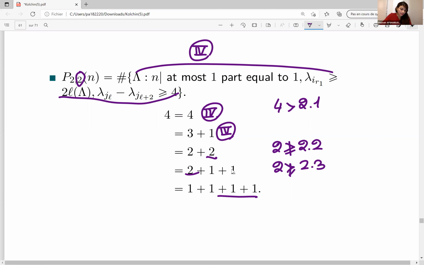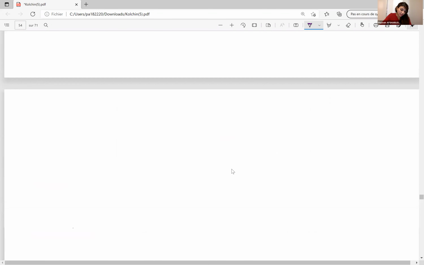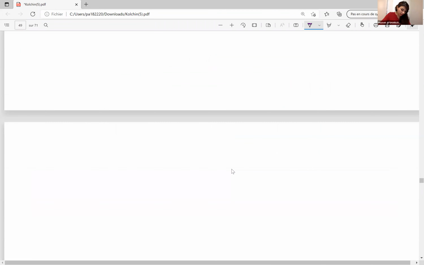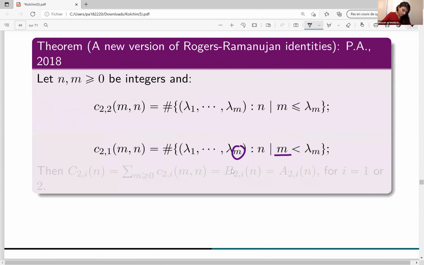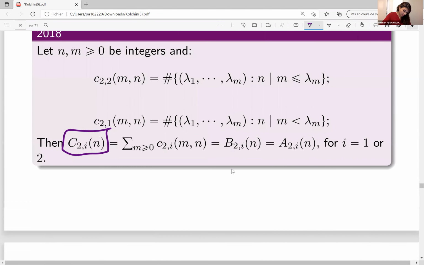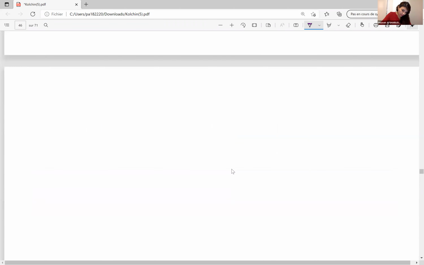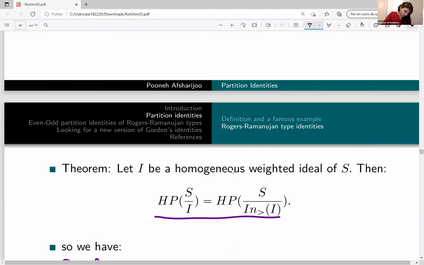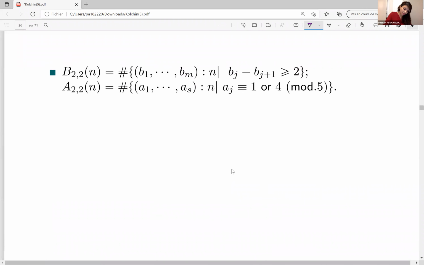For A22 it is even easier than that. I will come back to Rogers-Ramanujan identities. A22 of n is this number. It counts the number of partitions of n whose parts are congruent to 1 or 4 modulo 5.